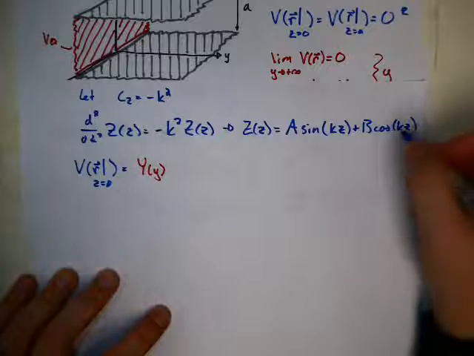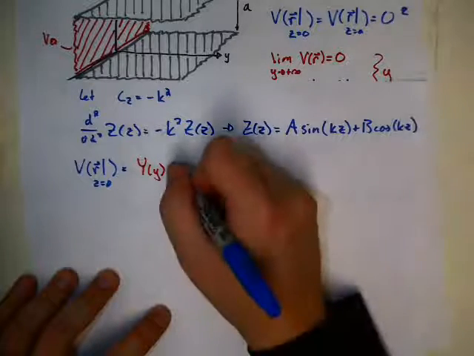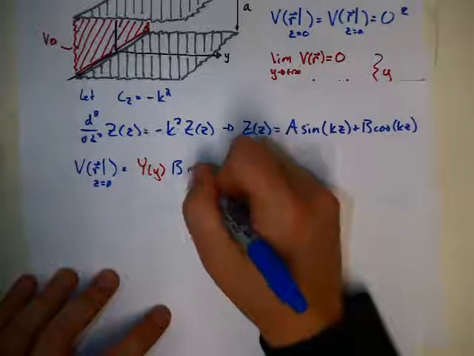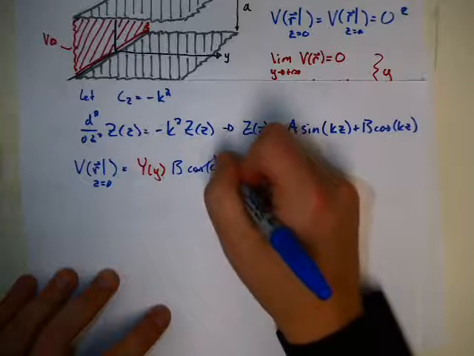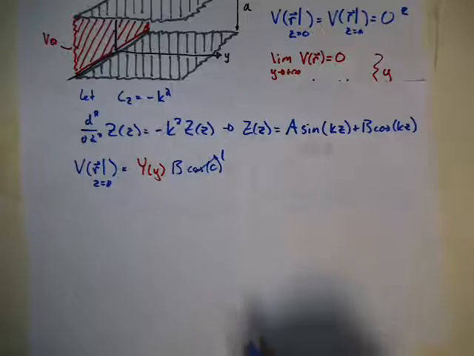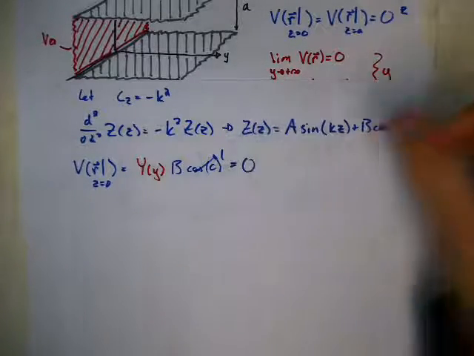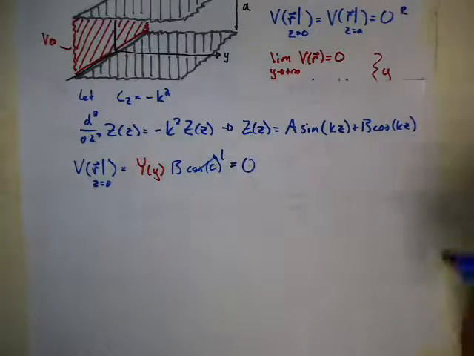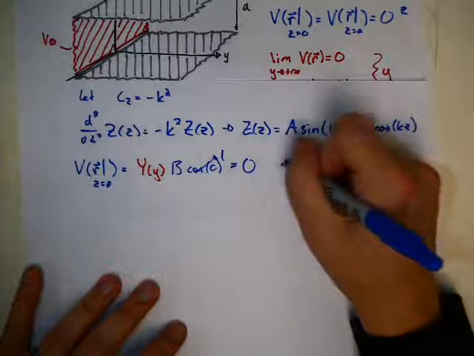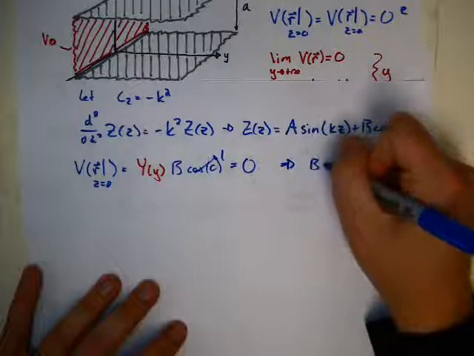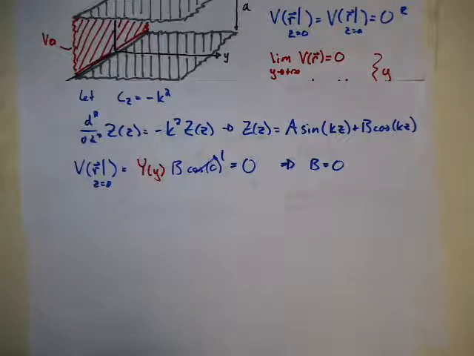And so sine of 0 is 0, so this is simply going to be b cosine of 0, but cosine of 0 is 1. And this is equal to 0. That's our boundary condition. The only possible solution that's valid for all y is that b itself is equal to 0 as a quantity.